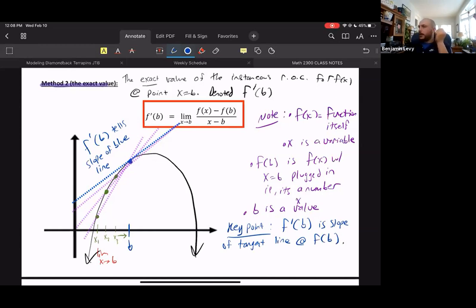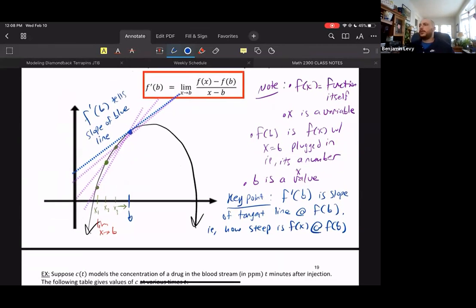And the way to think about that is how steep is the function there. It's a measurement of how steep is f of x at f of b. Slide up for those folks who need that. That's what I am trying to say.